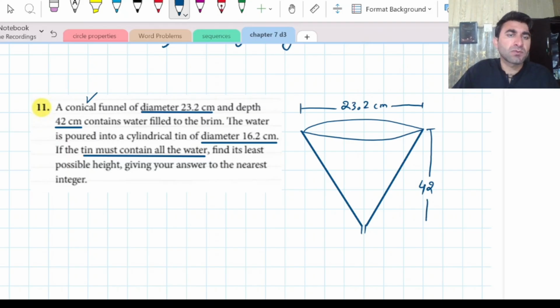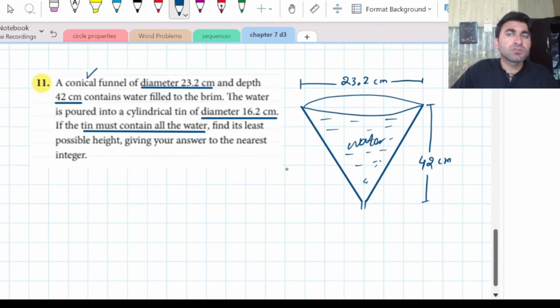So that is the conical funnel, and the water is poured into the cylindrical tin, whose diameter is a little less than the diameter of the funnel.